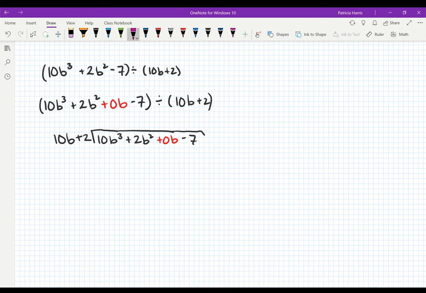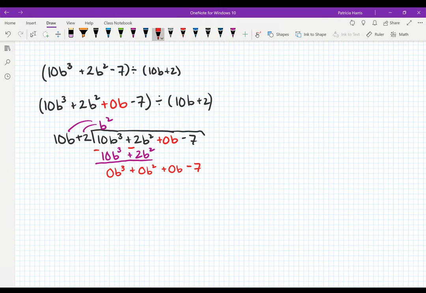I need to multiply by b squared. We're going to distribute. Now we're going to change our signs because we subtract. Now notice that everybody goes away. So you're going to bring down your 0, and you're going to bring down your 7.